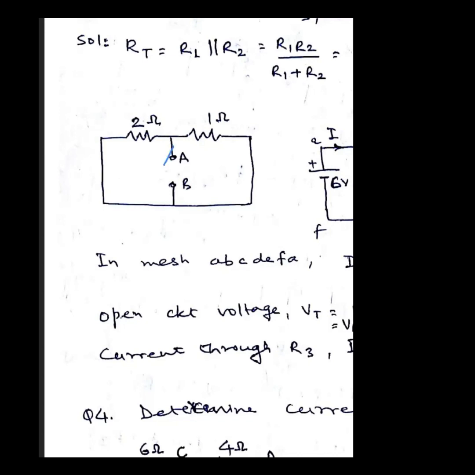So the path of the current will be from A to above. Okay, so we will come across this node and here the current division will take place. So we can say that this 2 ohms and 1 ohm resistance are in parallel.